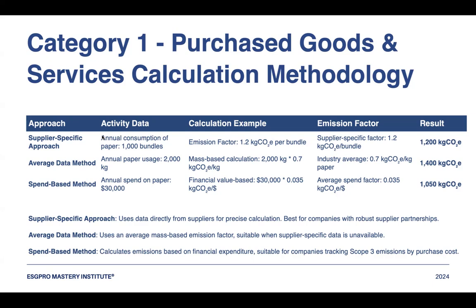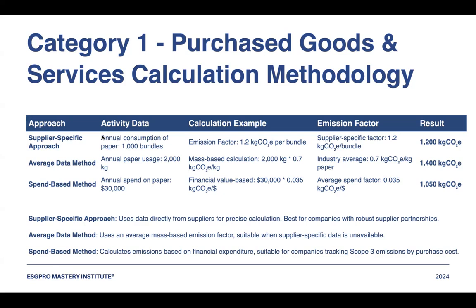So I will ask him, what is your annual spend on paper? For example, this is the paper supplier case study. Here, supplier-specific data uses data directly from suppliers, which is your paper supplier, for precise calculation.